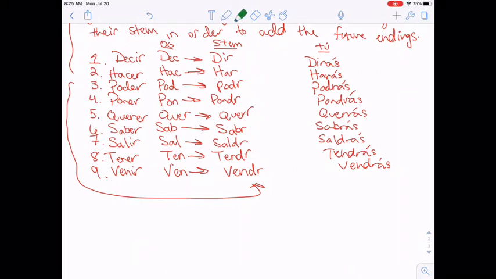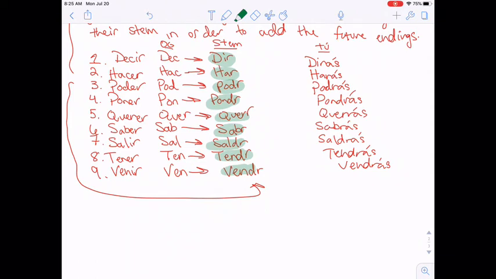So what you need to memorize, no, not that one. You need to memorize these new stems. Okay? So if you memorize these stems for the irregulars, then you're going to be able to conjugate it in any form. Okay? And that's the only real irregular that you're going to see.